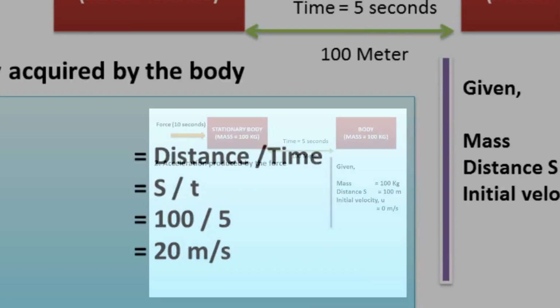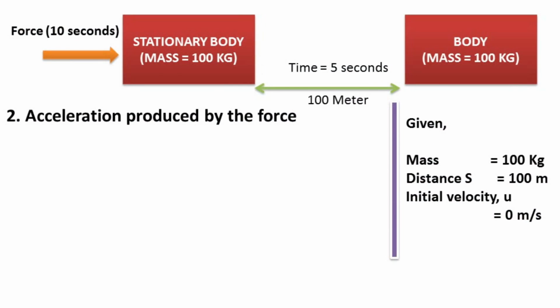Now second part, acceleration produced by the force. We have to use one of the equations of motion because we know the formula a is equal to v minus u divided by t. And here 2 different times are given, one when force is applied on the body and the other when force is stopped. So we can't use the formula which has time in it.